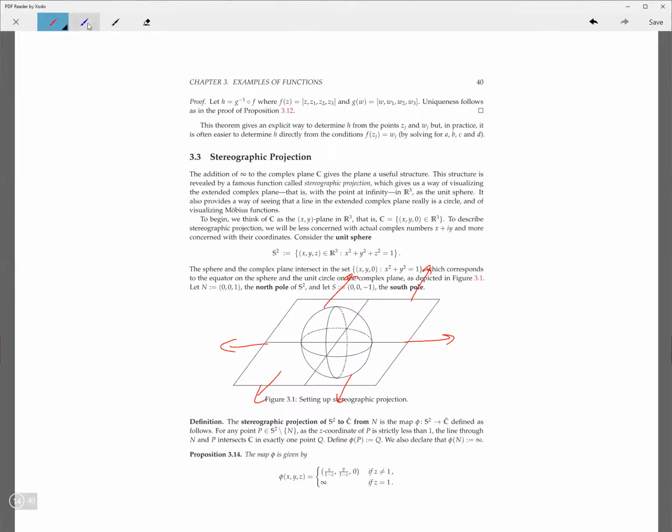And the idea is you come up here to the top of the ball. The top of the ball is called the North Pole. And that applies at 0, 0, 1, where z is 1, x and y are 0. And then the bottom of the ball, which makes contact with the plane, is the South Pole.